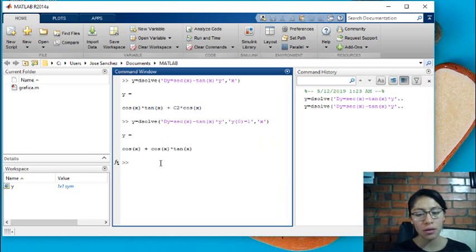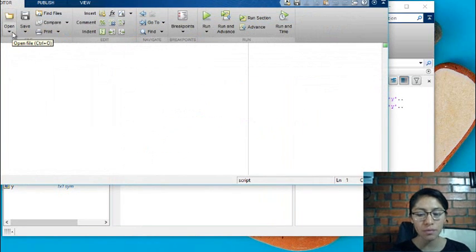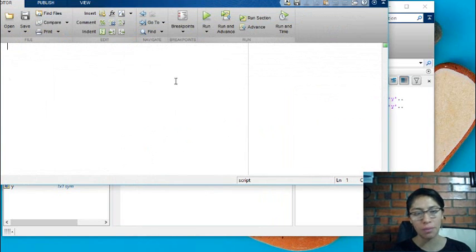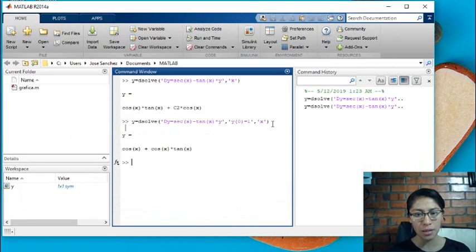Now that this equation appears, we open a new script. In the menu, we copy and paste the function of the differential equation with the initial condition.